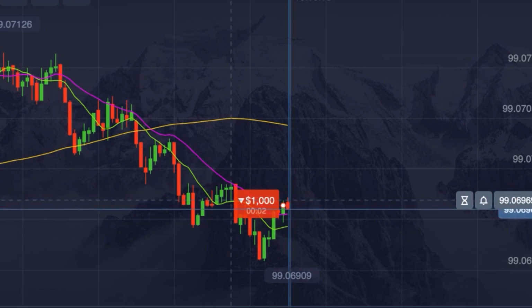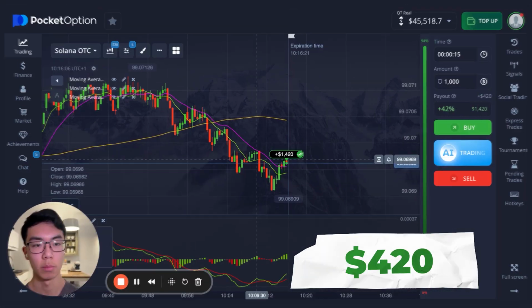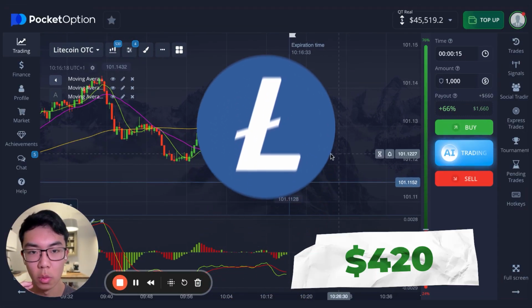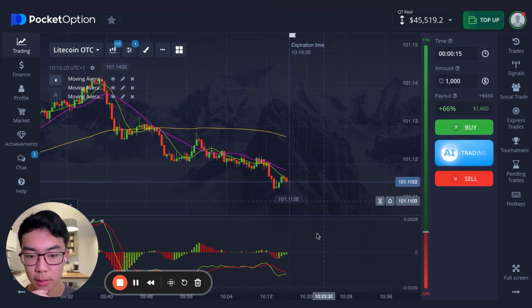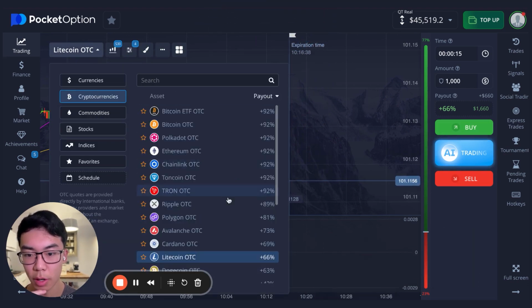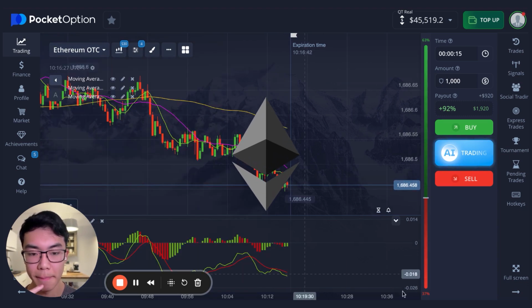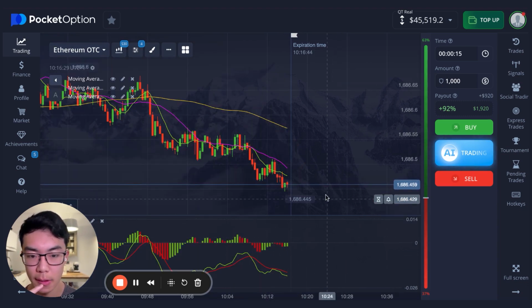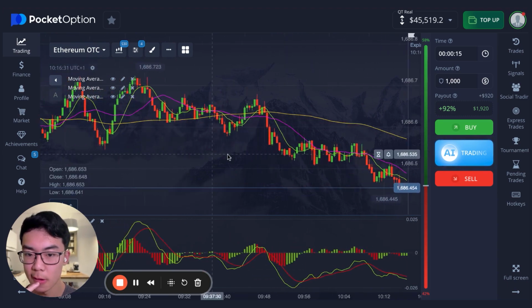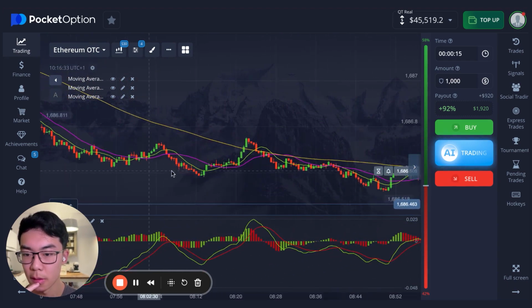Okay, there we go. Okay, profited. Litecoin. You can see not any big price movements. Potentially we can check out Ethereum. On Ethereum, we have nothing big either, I would say.